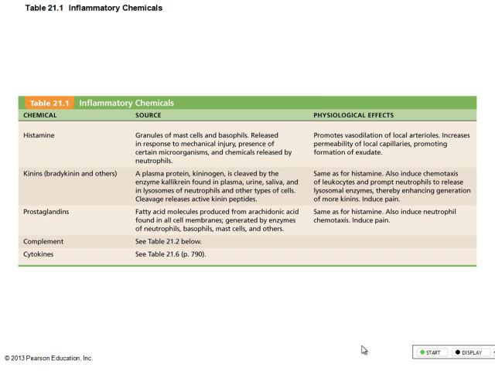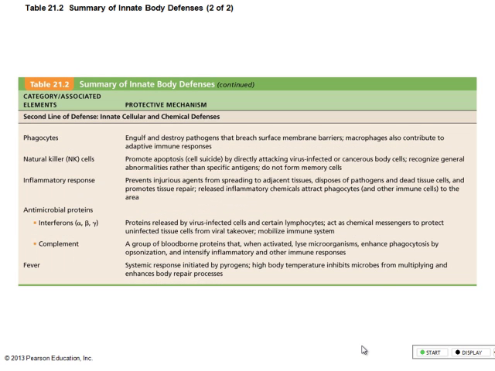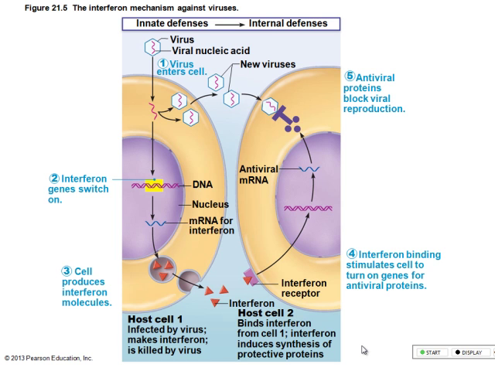And then another group of proteins, called complement. Complement is a group of proteins that is normally just hanging around in the circulatory system in fluid form. When it's activated by some of the responses that we're going to talk about in this chapter, it can also poke holes in things.